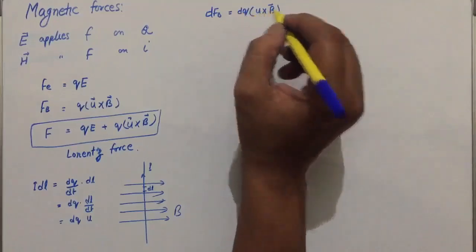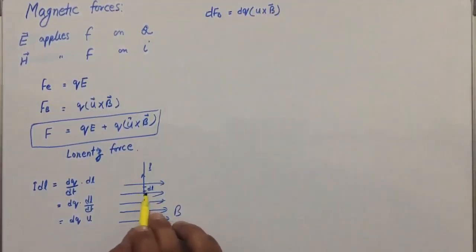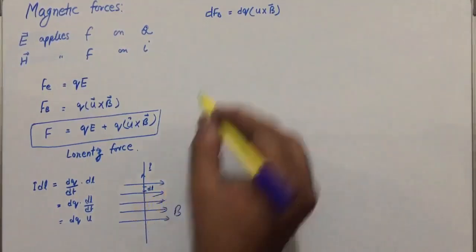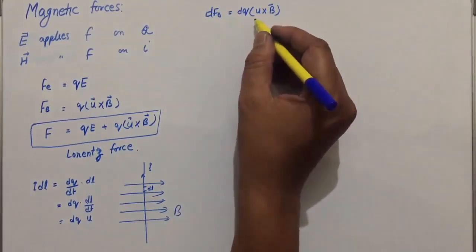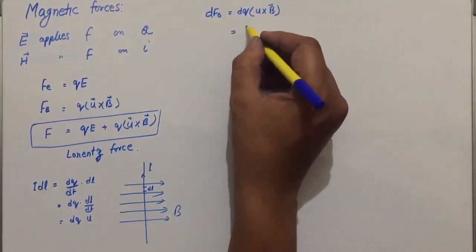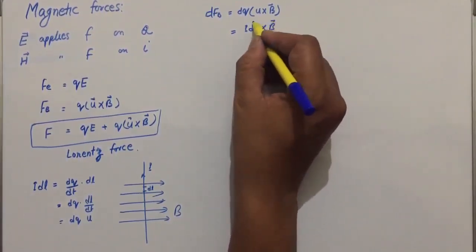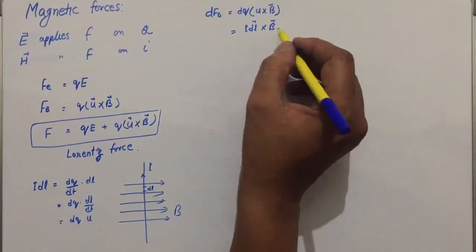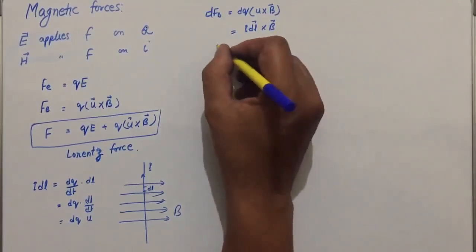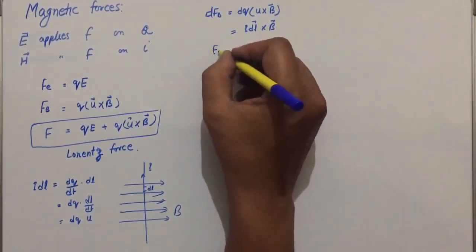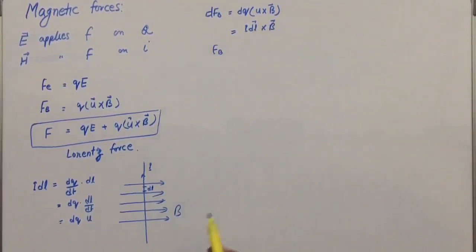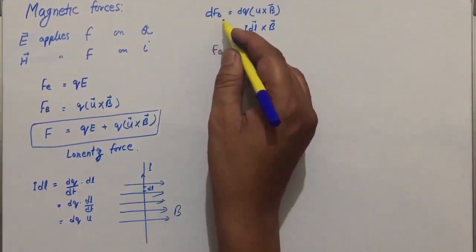The magnetic force experienced at this portion, whose charge is dq, will be a force like that, and this can be written as I dL cross B. So if we wish to find the magnetic force at this portion, this is given.